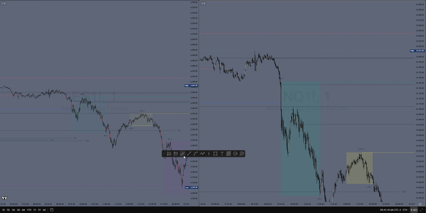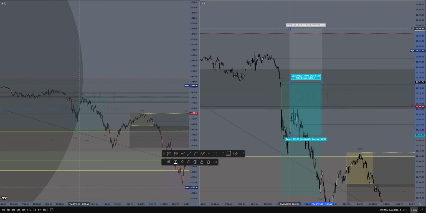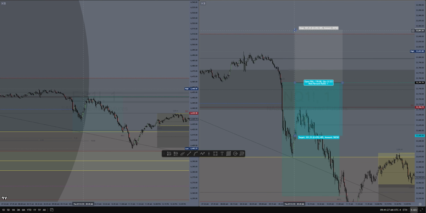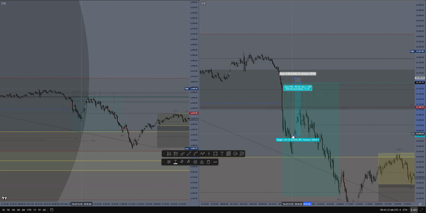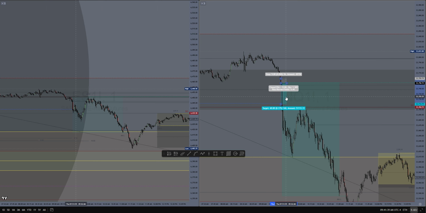So we have this market structure shift. Let's say I enter it immediately. Don't mind these marks. So we have this inversion right here, a 1 minute inversion. Let's say I enter on here and target Asia's low. That would have just been a calm 1 to 4.